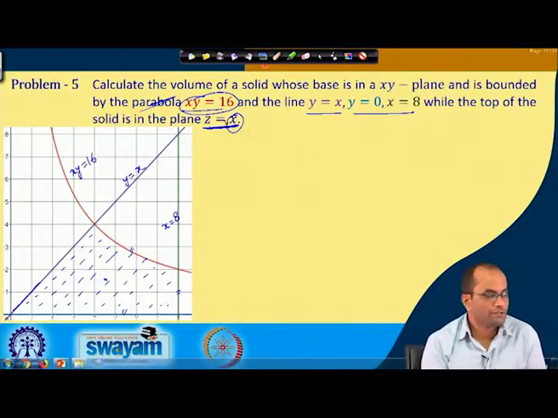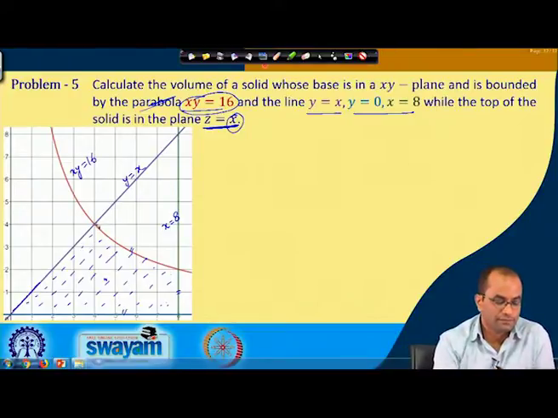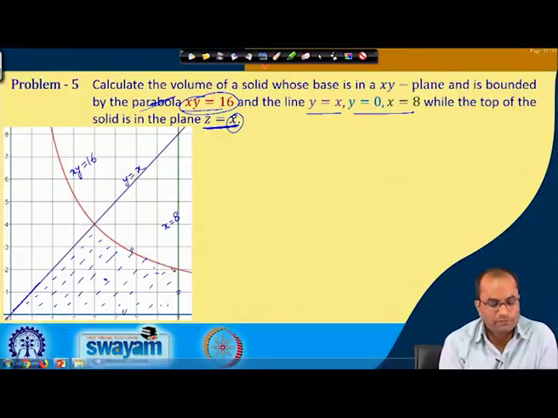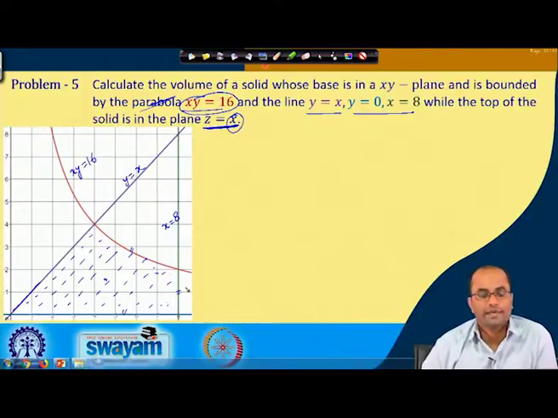Again we have the situation that we can either go in the direction of y first or in the direction of x first, but in either case we have to break the domain. Even if we go first in the direction of x, up to this point we have a different situation, and after that it goes from y equals x and exits at x equals 8.